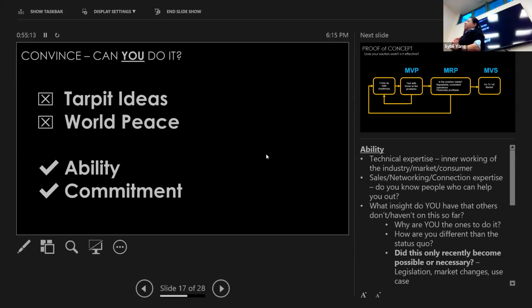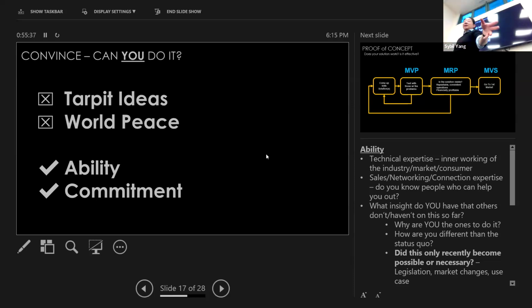In the convincing part, you also have to demonstrate that your team can do it. I talked a little bit about showing that the founding team has the skills to be able to do it. You also have to be wary of whether you've chosen what I call a tar pit idea or world peace idea. I already kind of explained what the world peace idea is.